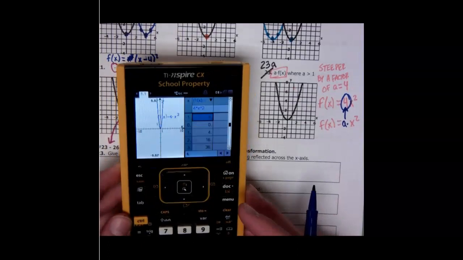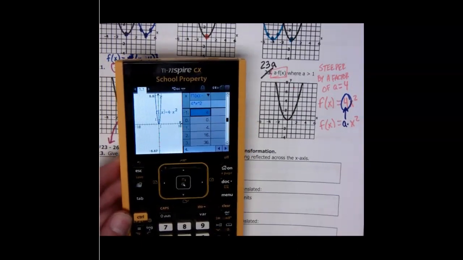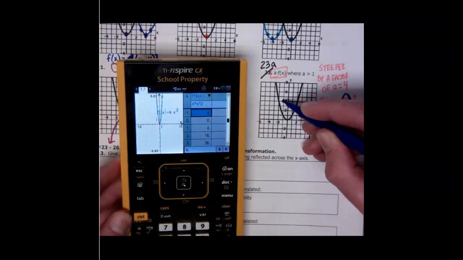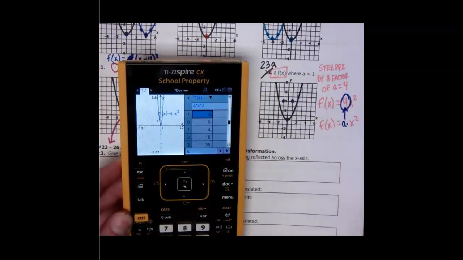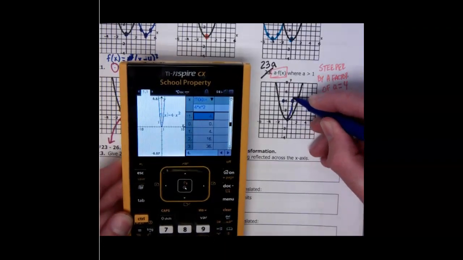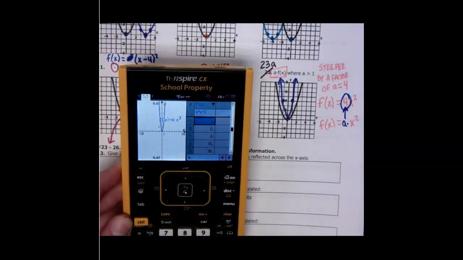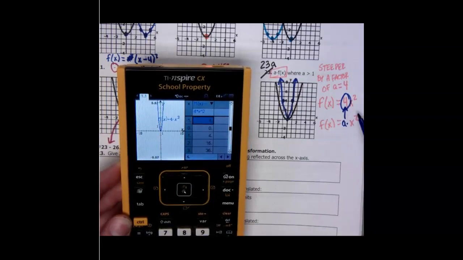And then I did Control T to get a table, so I can actually be more specific when I make my graph. I could be -1 up 4, 0, 0, 1, 4. So I know specifically that it's going to go through those points. It's going to be steeper by a factor of 4, of a equals 4. So it's going to be 4x squared, and that's going to be my graph.